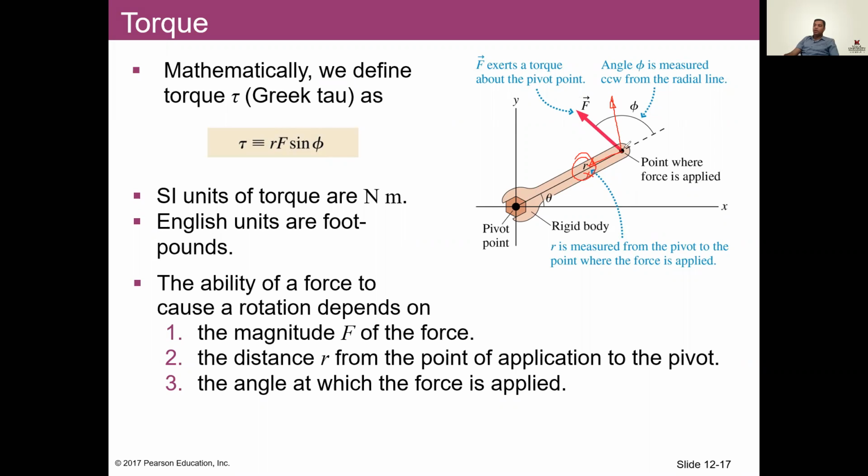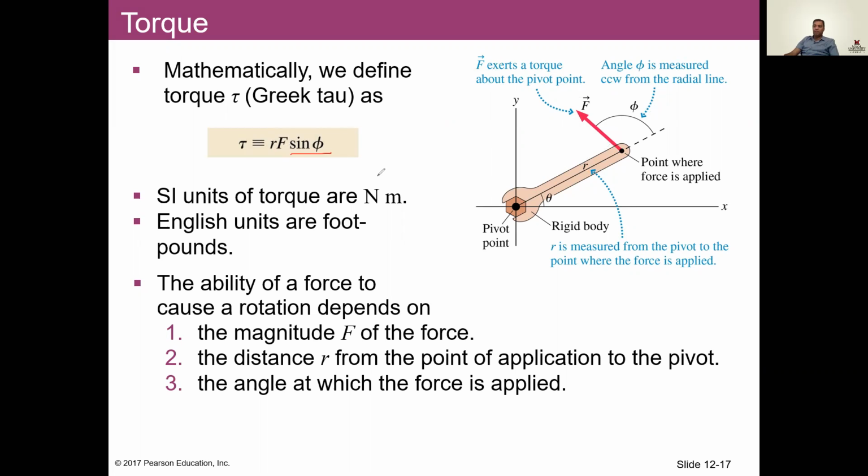If you push this object towards the center, no way it is going to help you to rotate this guy. The only force component that is going to help you to do this is this guy here. So that's why we have the F sine phi or R sine phi, whichever way you want to call it.